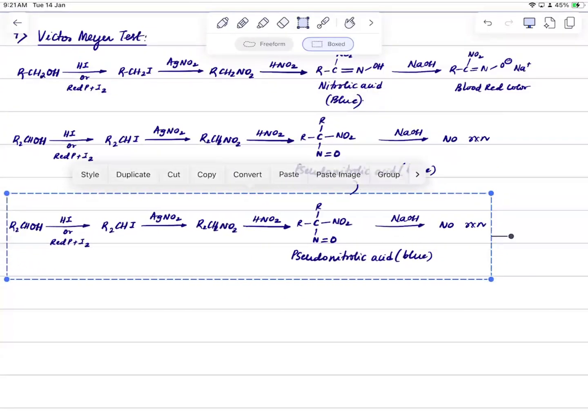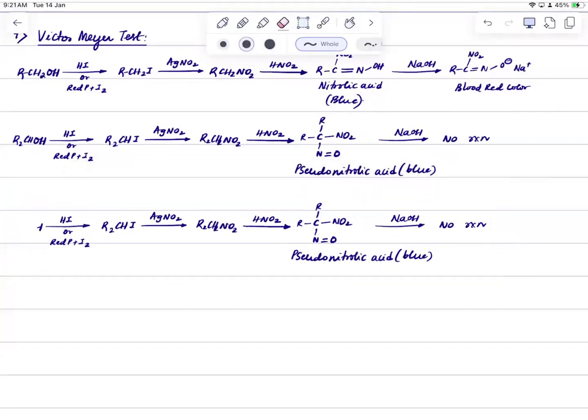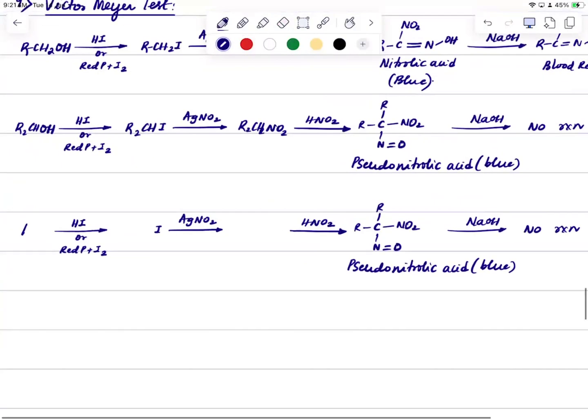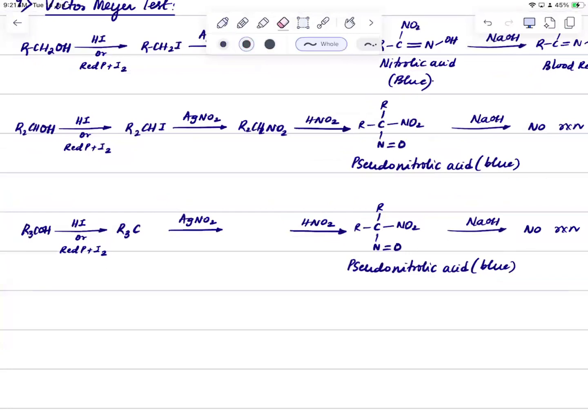While if you notice it for 3 degree, if the same reaction is done for 3 degree, then what will happen? R3COH will become R3CI, and that will give us R3CNO2, correct?